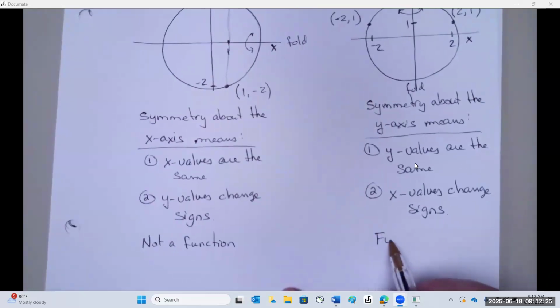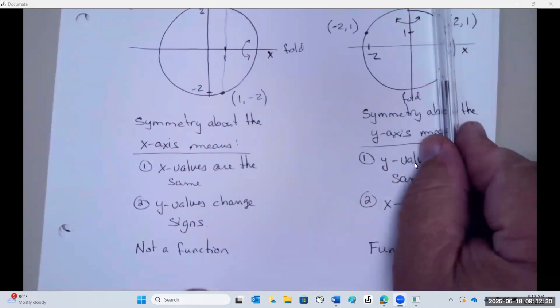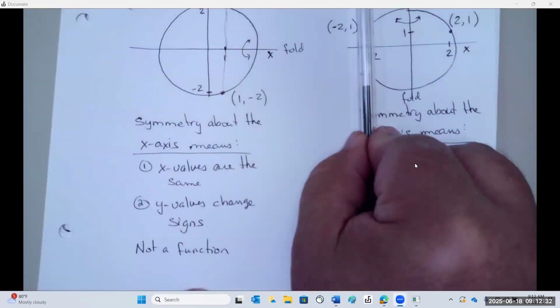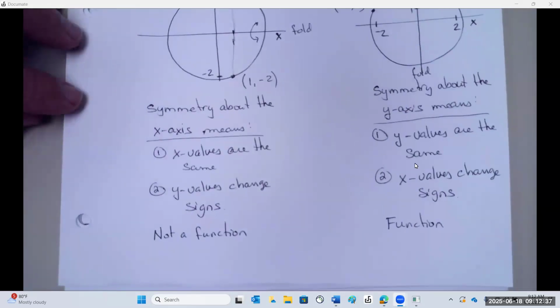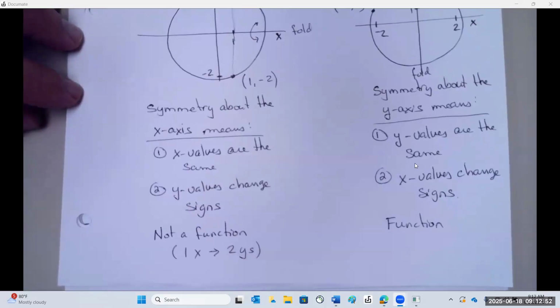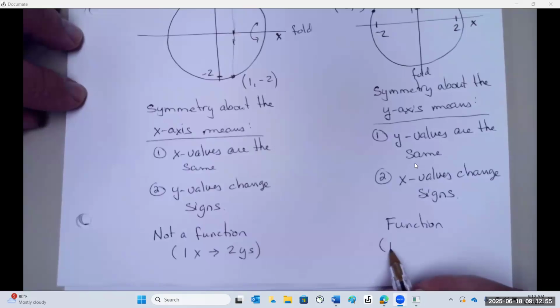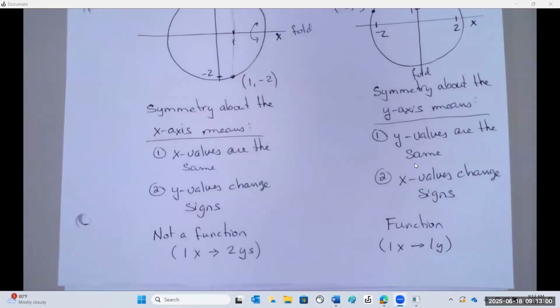This is a function, because any vertical line I pick, each x only goes to 1 y. The other is not a function, because 1 x goes to 2 y's. Here, 1 x goes to 1 y. The vertical line test.